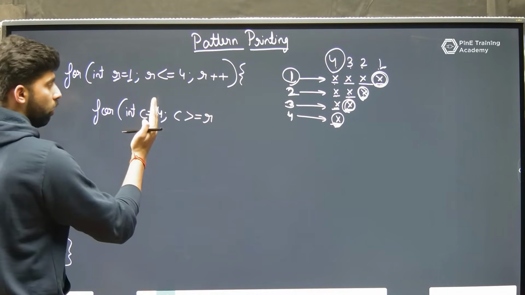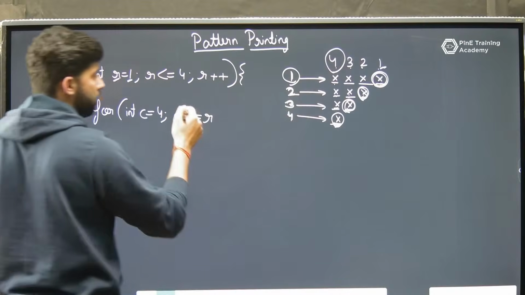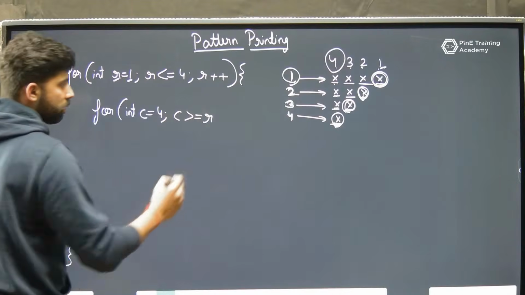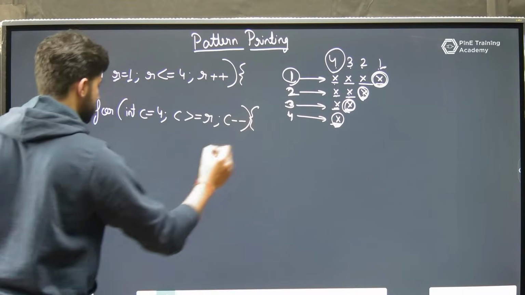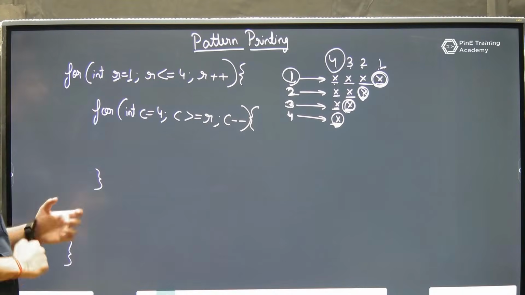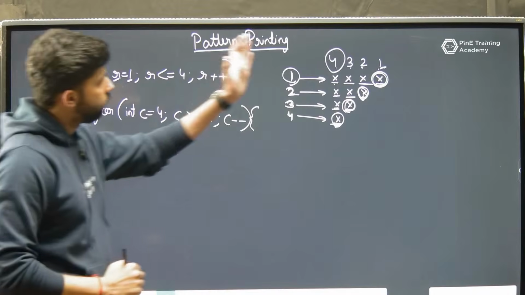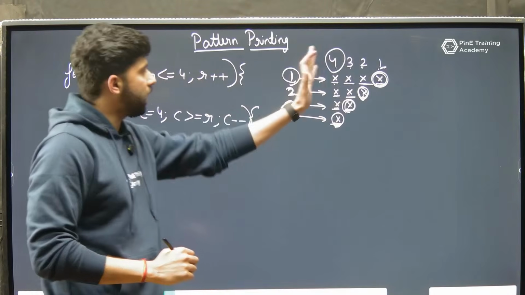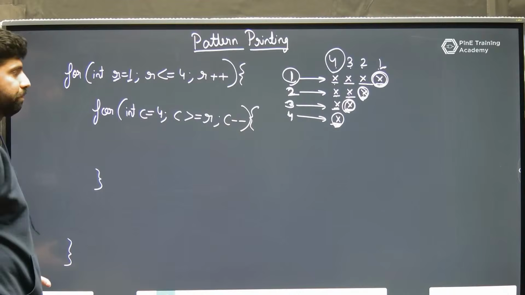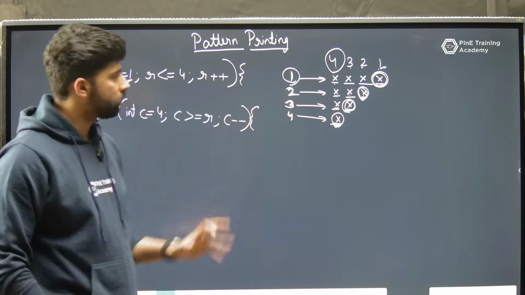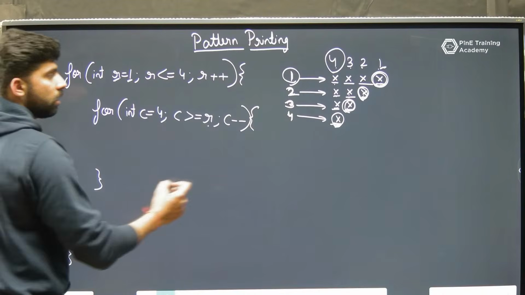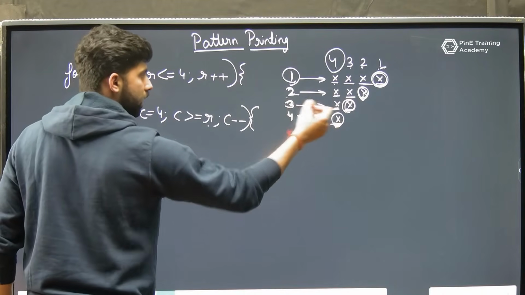Okay, so 4 till R, I'm decreasing. So I have put greater than equal to sign. And I will decrease it, C minus minus. Okay, 4, 3, 2, 1. I'm decreasing it. So C minus minus. I've started with 4 because in every row I will start with 4. Okay, and I will go till R because the last number represents the R only.